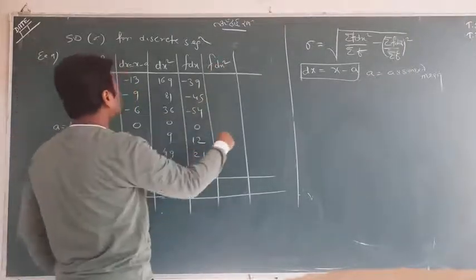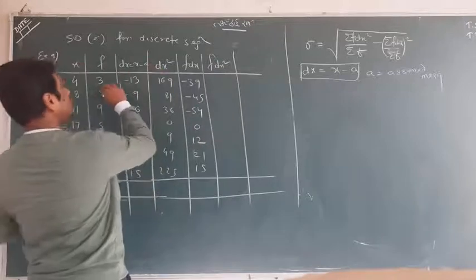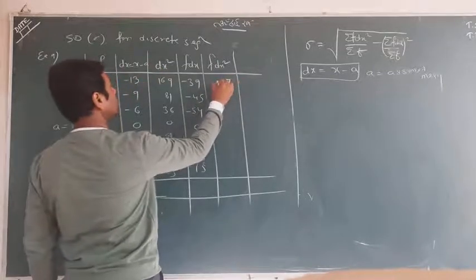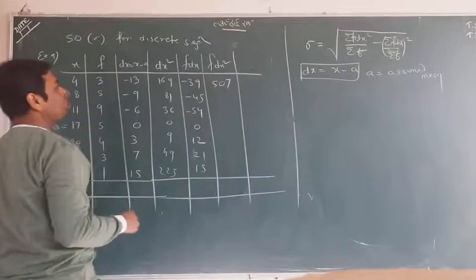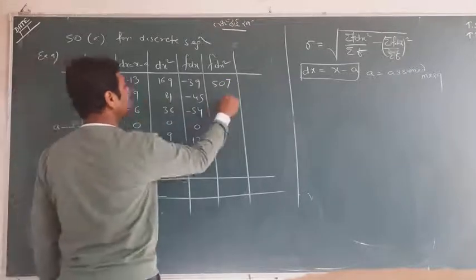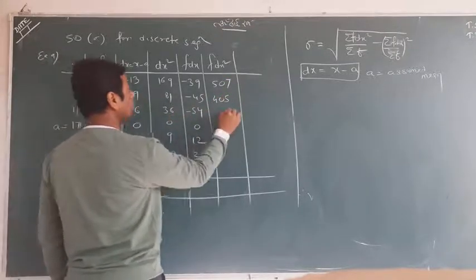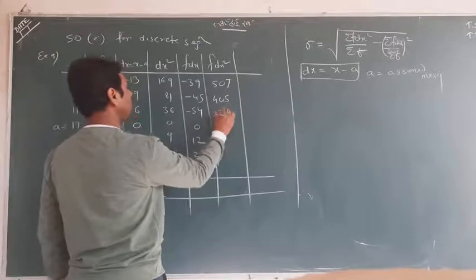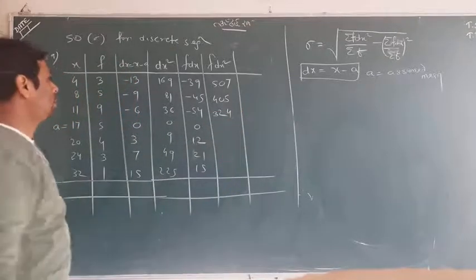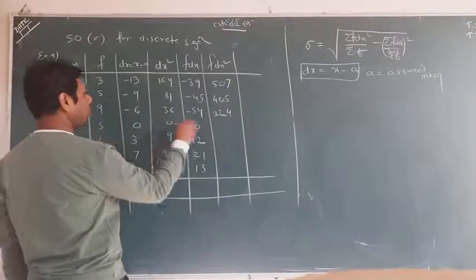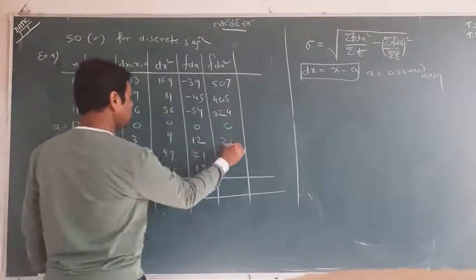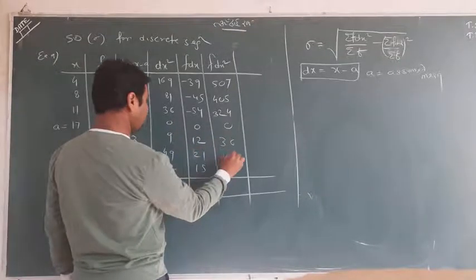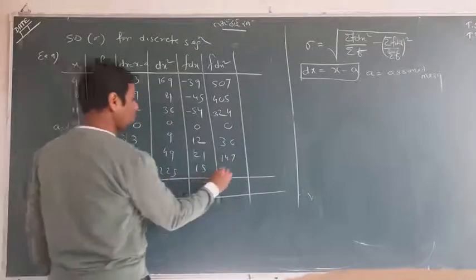Now what about f dx square? I needed two things here, this and this: 5 and 7 and 4 and 5. This is 324. This 0. This 36. This is 147. And this 225.